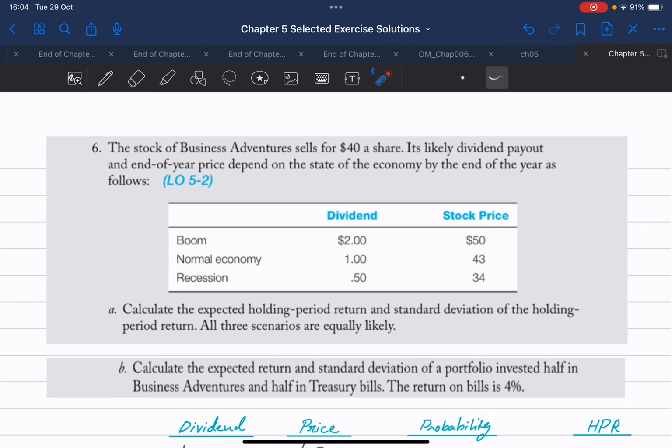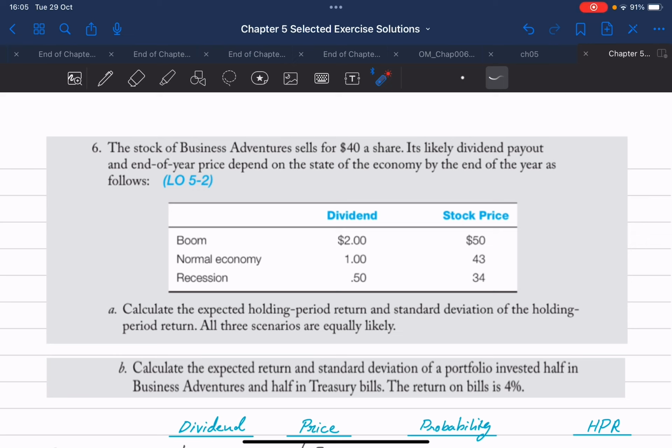For each scenario, we have the dividend distribution and the stock price in case that scenario comes to fruition. First requirement, calculate the expected holding period return and standard deviation of the holding period return. All 3 scenarios are equally likely.